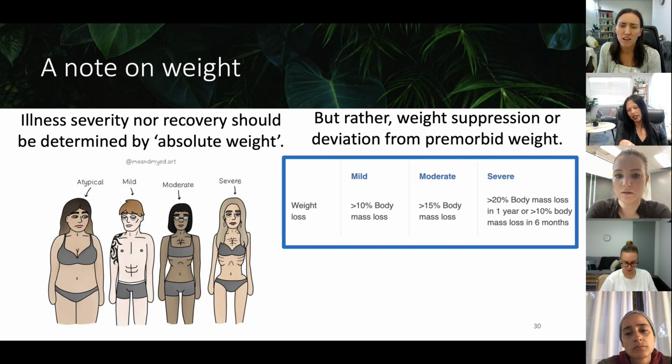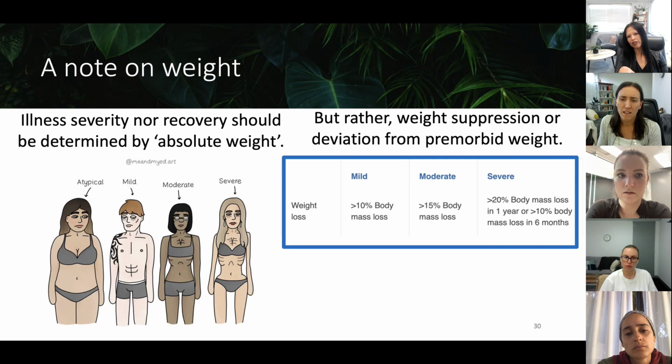No, but that figure says if prior to their illness their BMI was 20, and now their BMI is 16, then they've got more than 20% loss of BMI. So usually they would correlate.